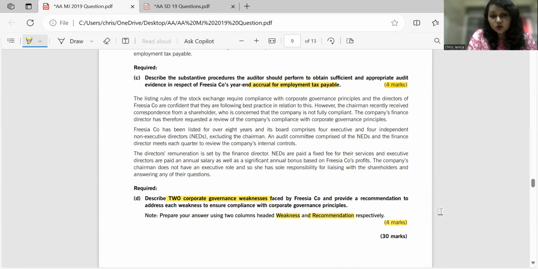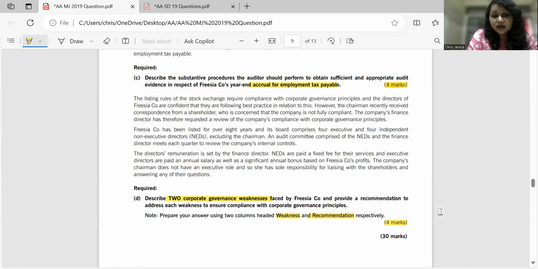Okay, the listing rules of the stock exchange require compliance with corporate governance principles. Remember, I read the requirement and then I go to the scenario. The listing rules of the stock exchange require compliance with corporate governance principles, and the directors of Frisia Company are confident that they are following best practice in relation to this. However, the chairman recently received correspondence from a shareholder who is concerned that the company is not fully compliant.